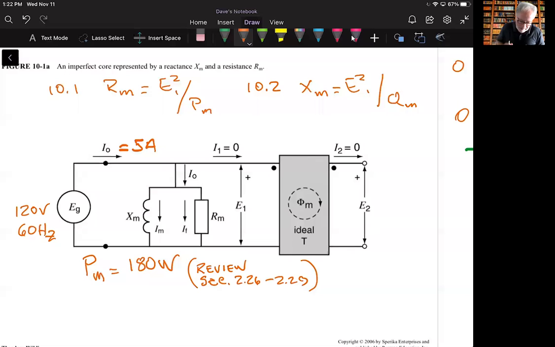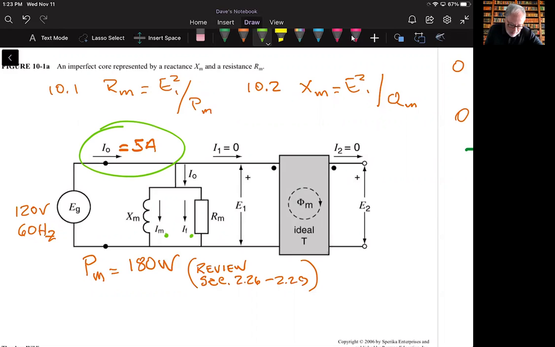Okay, so I added some of the values to this figure before we actually work this example 10.1. It says a large transformer operating at no load has an exciting current equal to 5 amps. So that's this, and we know that it is comprised of this current and that current.